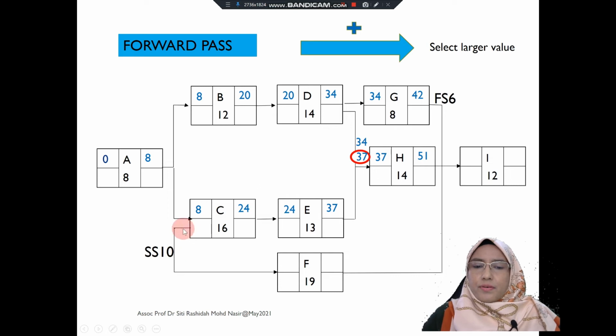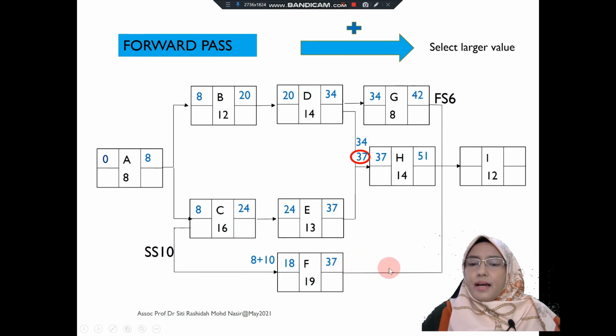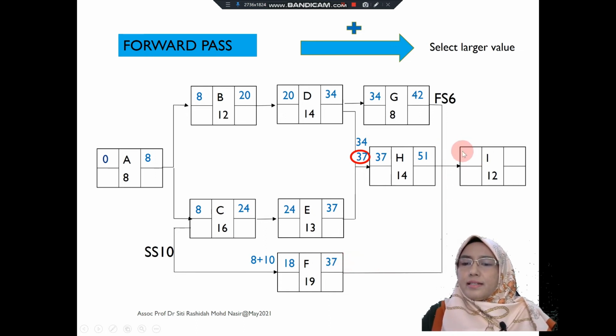In order to determine the early start for activity F, you need to look at the start of activity C. Activity C is 8 here. 8 plus 10, you can determine the early start of activity F, which is 18. 18 plus 19 is 37. Alright, now we can find the early start for activity I.